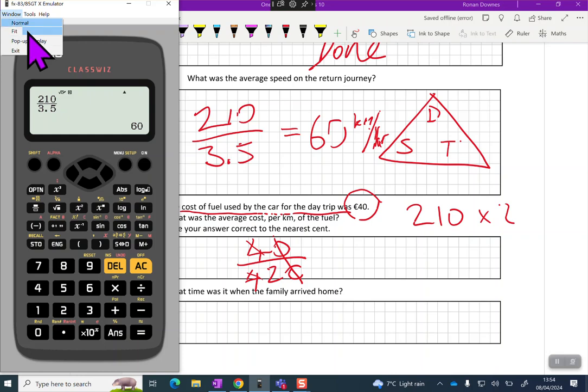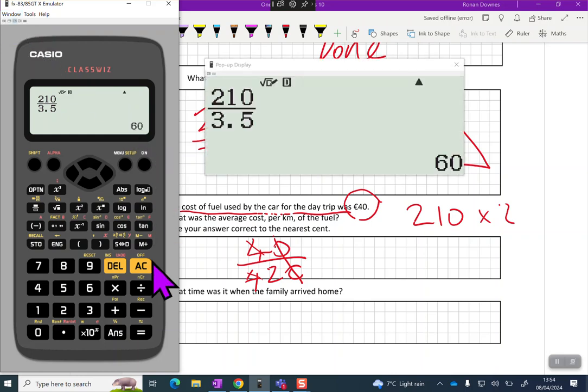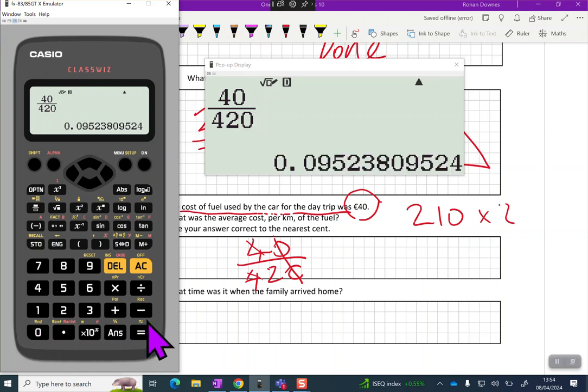I'll open up a pop-up. Clear. 40 is the amount of money, and 420 is the amount of distance, and that's what we need to get this value of 0.9523, etc. to the nearest cent.